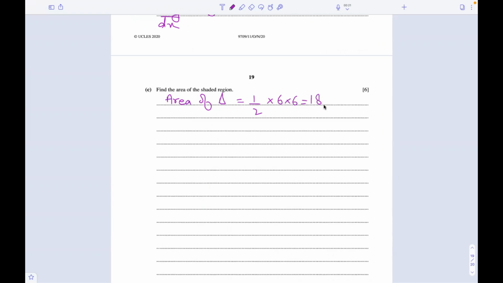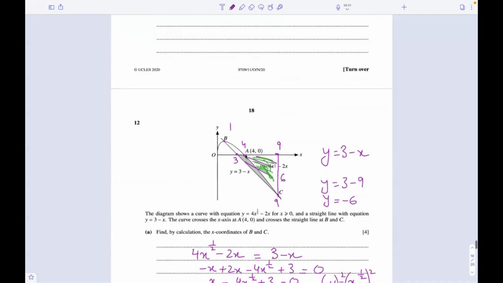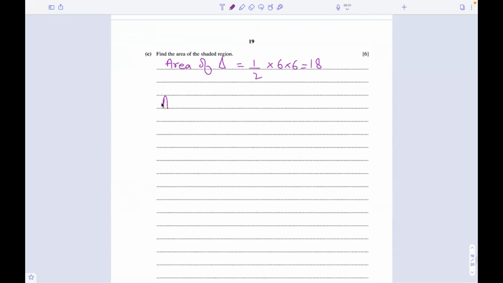Now to find the area under the curve, we know that the limits are 9 and 4, so we'll integrate the equation of the curve and then substitute the limits 9 and 4. So we'll integrate 4x to the power 1/2 minus 2x, with limits 9 and 4.